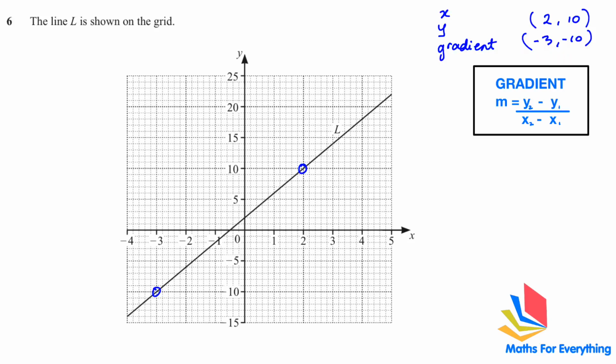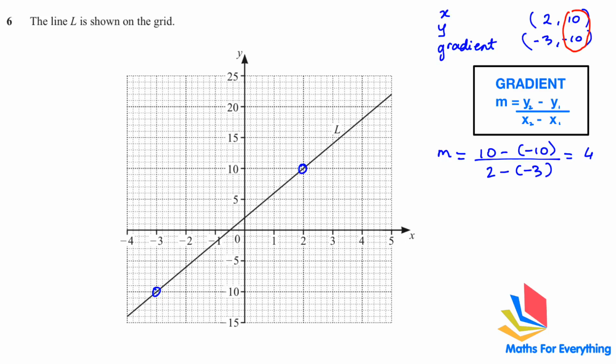You can just think easily, we minus these two first because that's the y. So gradient is equal to 10 minus, and remember to put in a bracket, -10, and then the x values 2 minus -3. The whole thing you can put in the calculator together and you will get the gradient is 4.